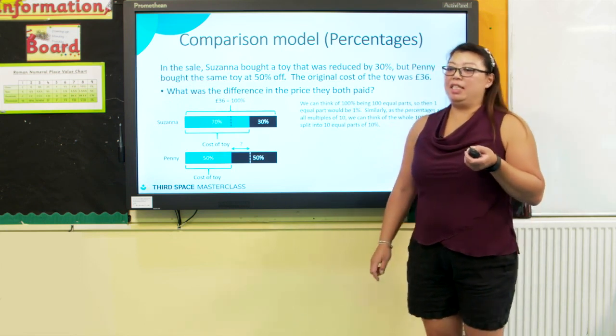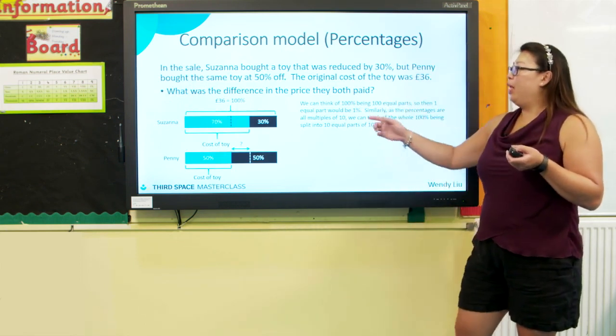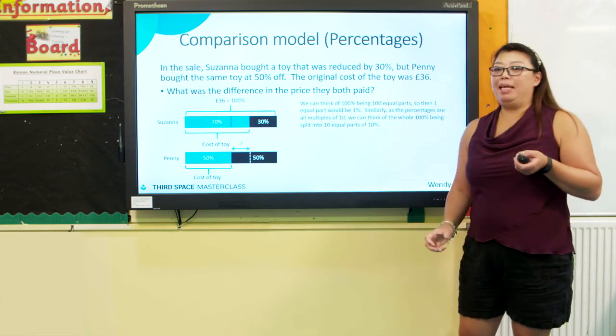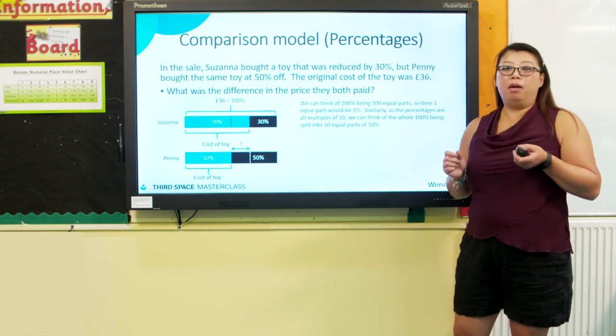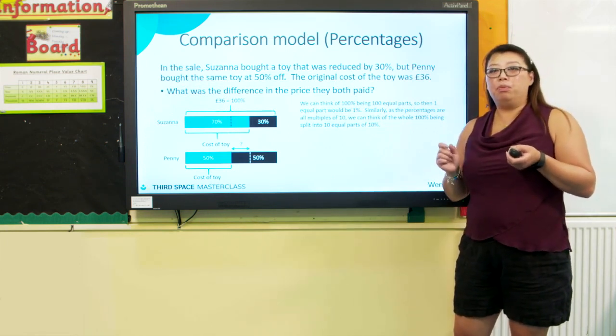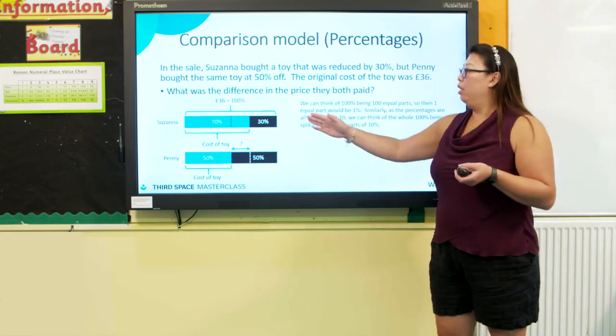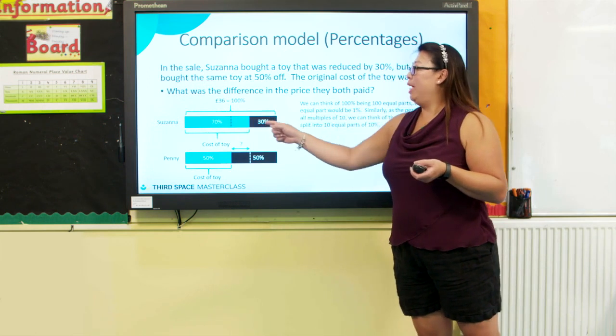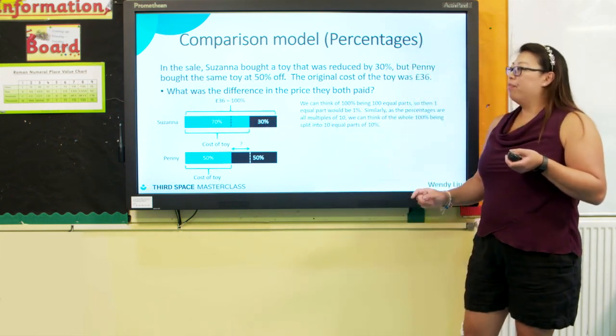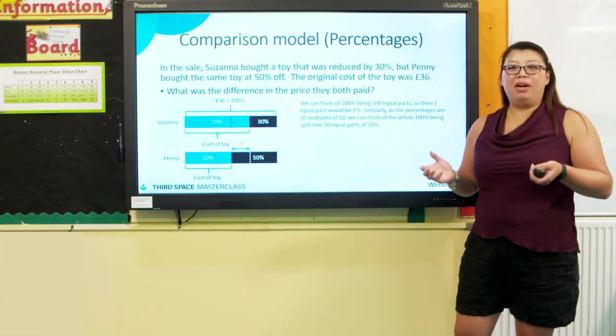Now, with percentages, we can think of 100% being 100 equal parts. That means each part would represent 1%. In this situation though, because we have multiples of 10 here, we wouldn't really need to divide it by 100.